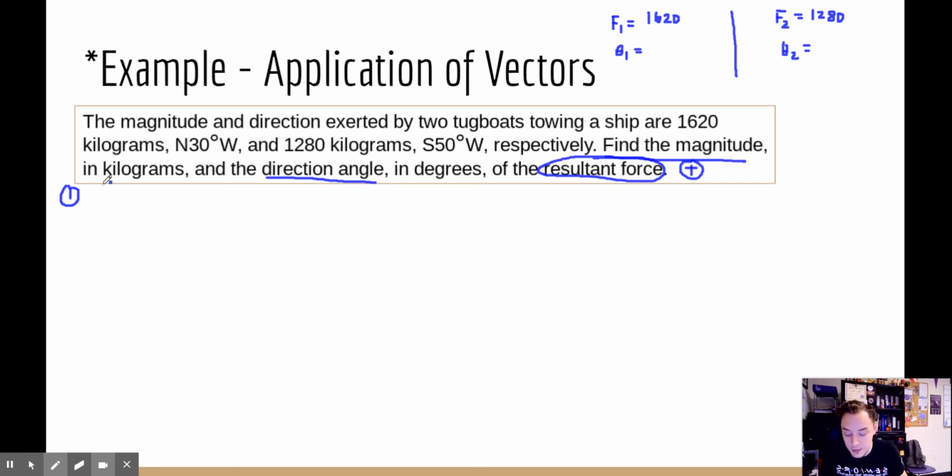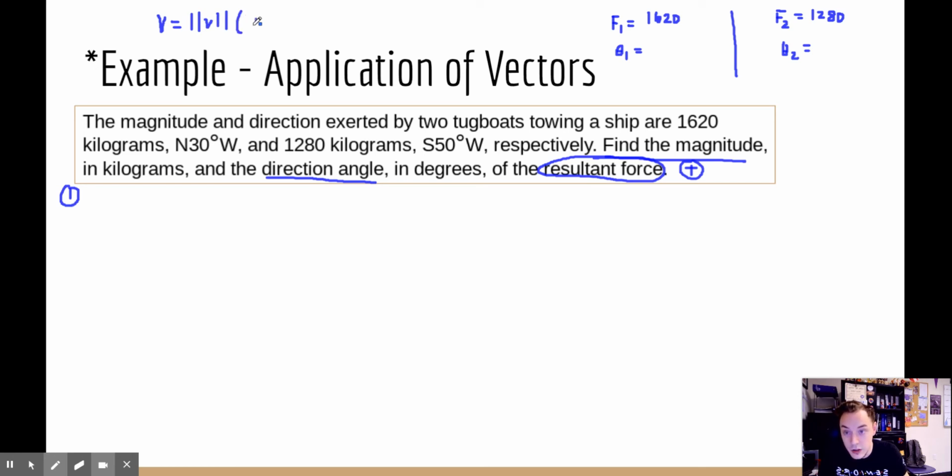So first step, what am I going to do? I'm going to write down a formula. I'm going to save room here, and I'm just going to write this formula up here. So this is my general formula for writing it in trig functions.